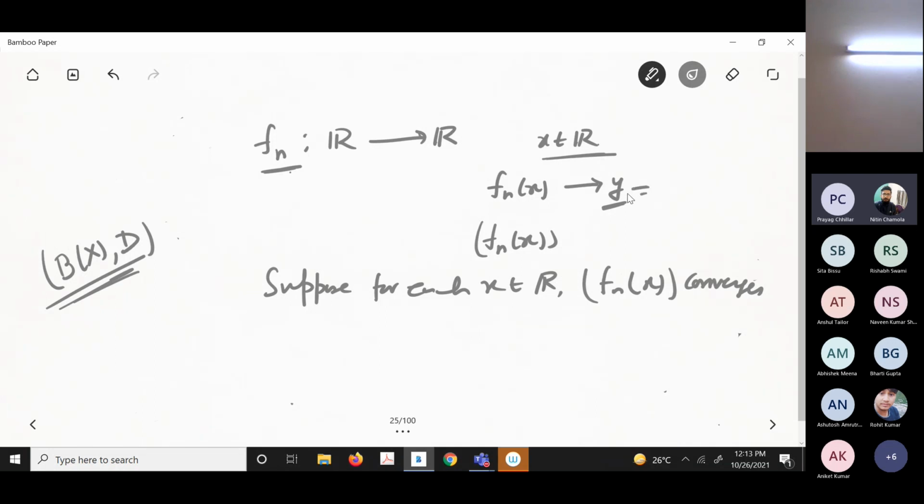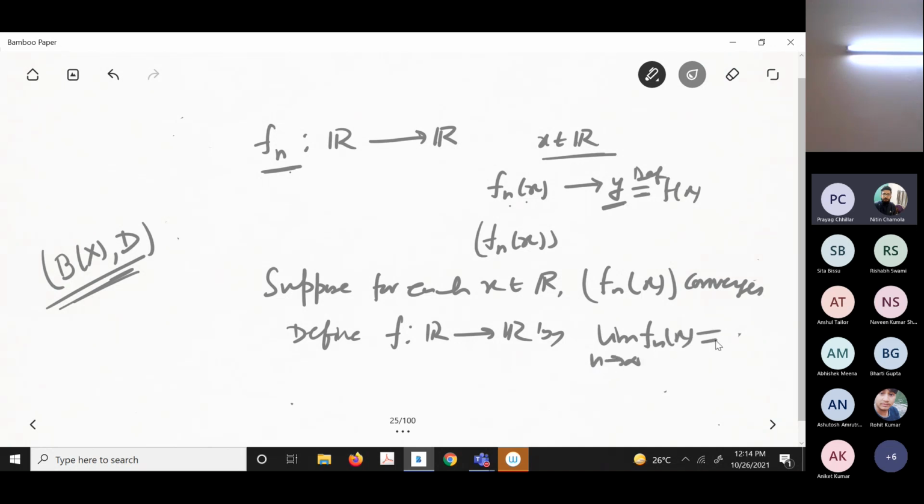Since this will depend on x, define y equal to f(x). So define f by this. Look, this makes sense because I have assumed this converges.